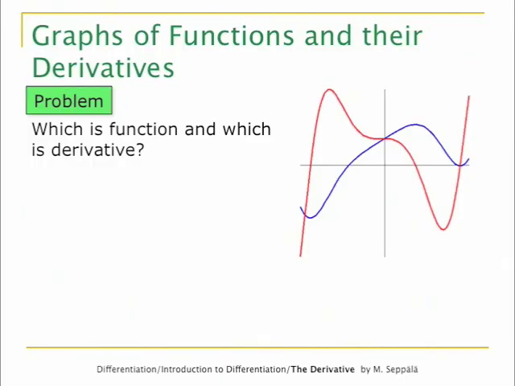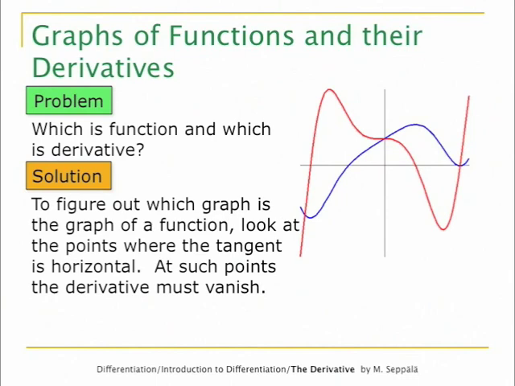To find out, we have to look at some special points. So it is convenient to first look at points where the tangent line of the function is horizontal. At such points, the derivative must take value 0.